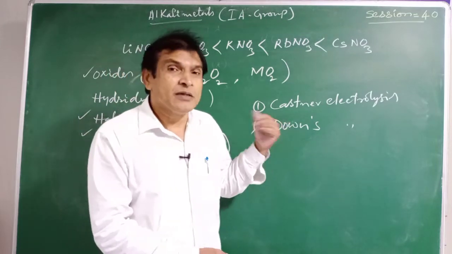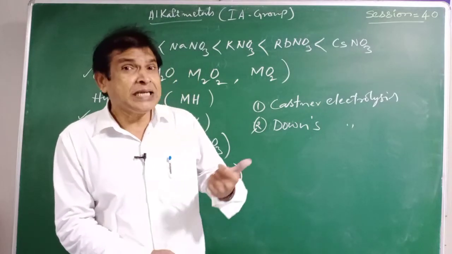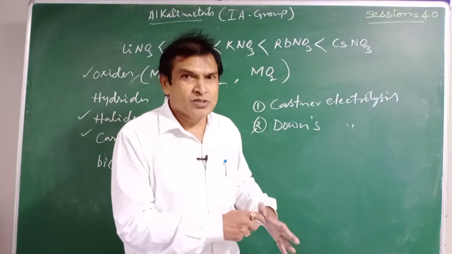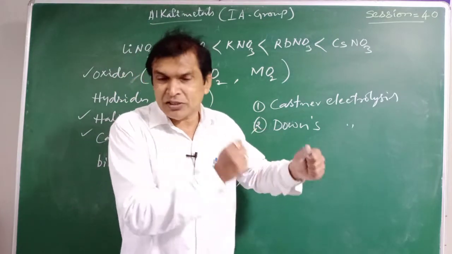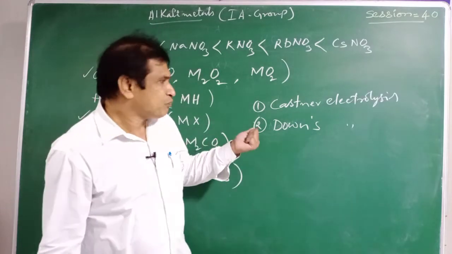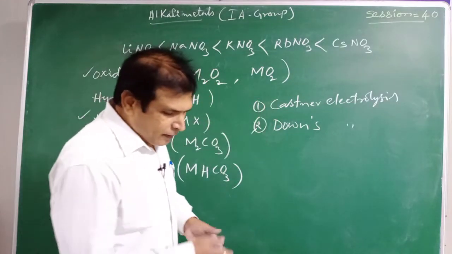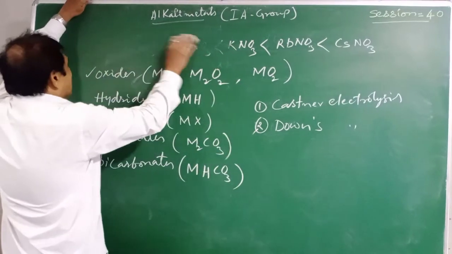I repeat, the brine solution is electrolyzed in the presence of a steel cathode and graphite anodes. During electrolysis, sodium metal is collected at the steel cathode. That is the Downs process and the Castner process. These are the introduction to the extraction of sodium metal.